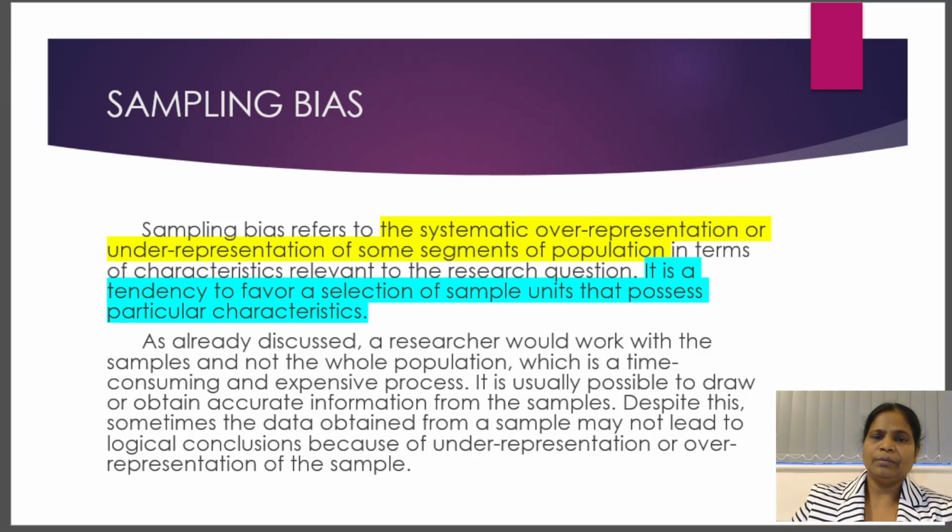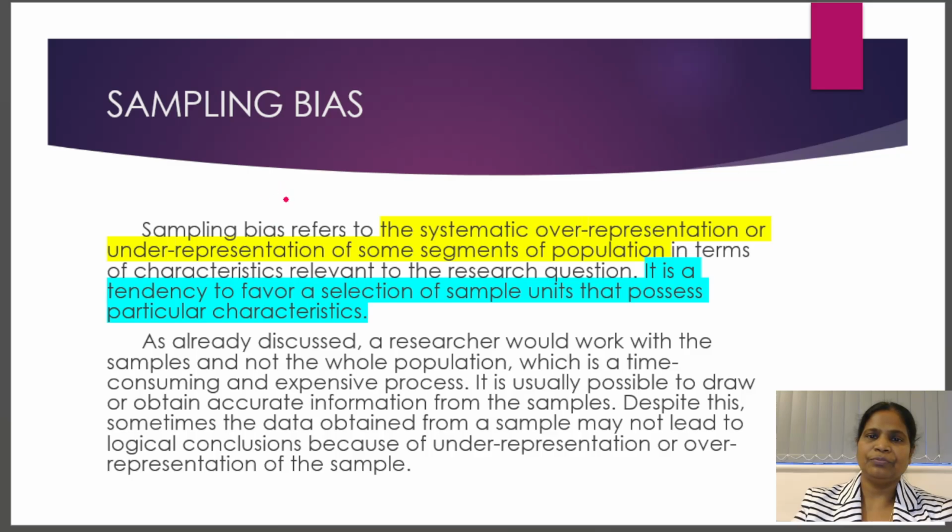What is sampling bias? It refers to the systematic overrepresentation or underrepresentation of some segments of population in terms of characteristics relevant to the research question. So when we say bias, in doing experiments or experimental designs, we have seen bias.